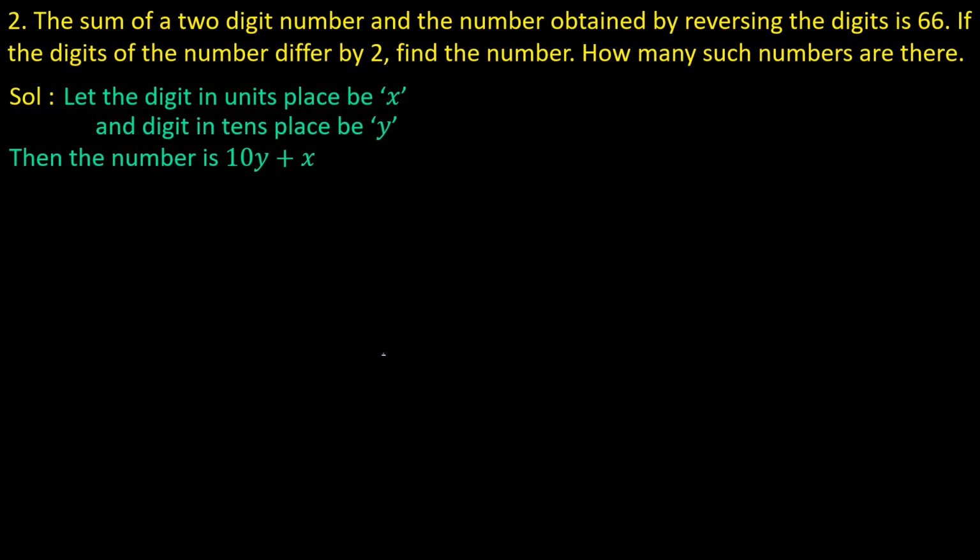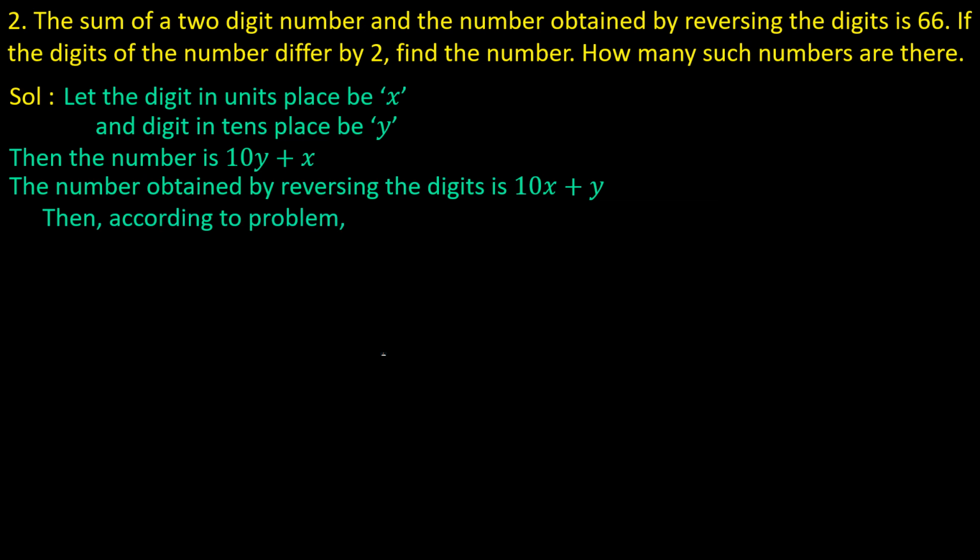And if we reverse the digits, then the digit in units place goes to tens place, and the digit in tens place goes to units place. So the number obtained by reversing the digits is 10x plus y. Now it is given that the sum of these two numbers is 66.